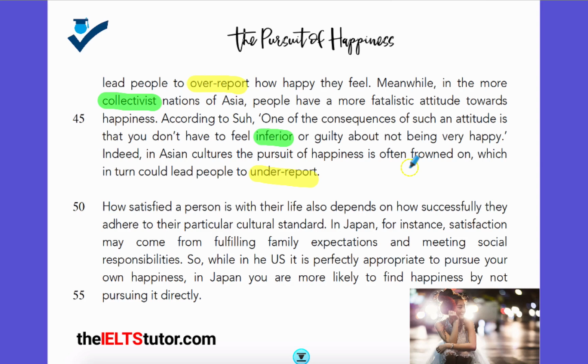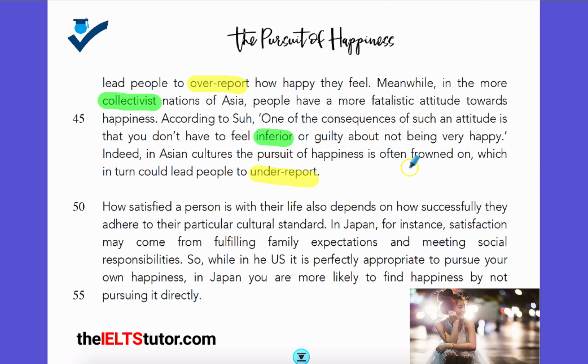So it leads people to report too much on how happy they are. Maybe they're 60% happy, but when they over-report, they might say that they're 90% happy. So they've exaggerated, or over-reported, how happy they are.